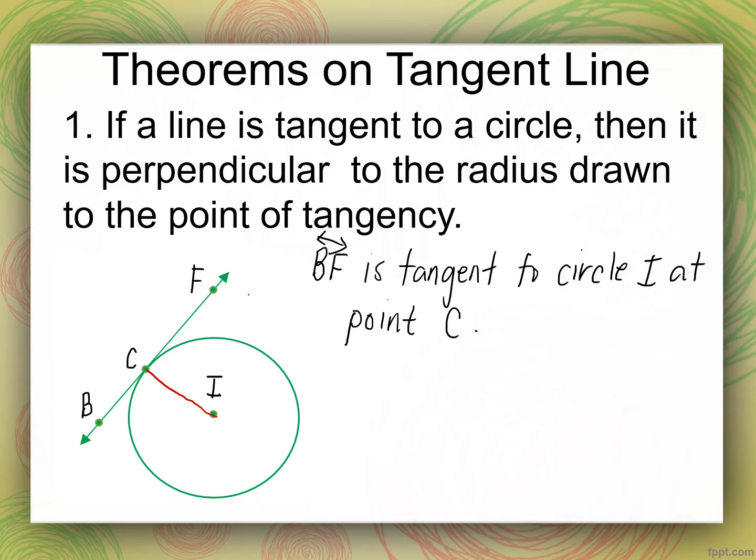So since they are perpendicular, meaning it will form a right angle. So we can say now that line BF is perpendicular to the radius CI.